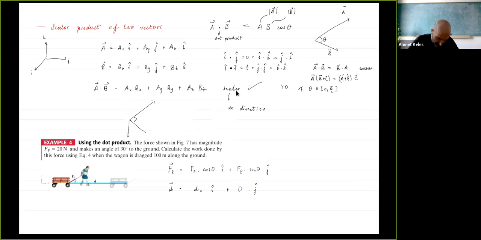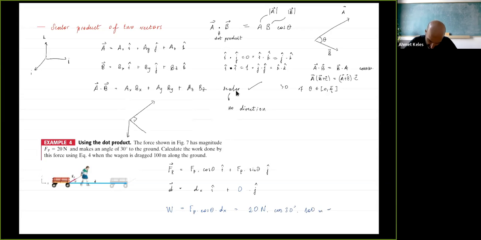From this, just multiply term by term. Work done is going to be equal to F_P times cosine theta times dx, which is equal to 20 Newton times cosine 30 degrees times 100 meters.